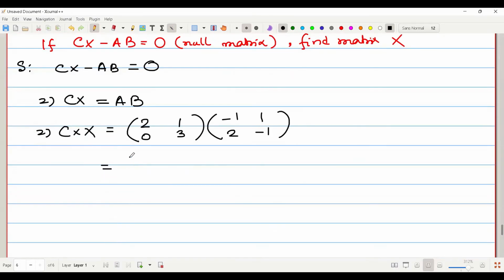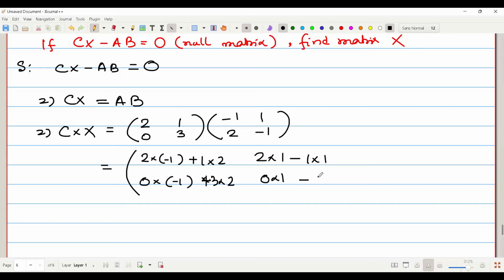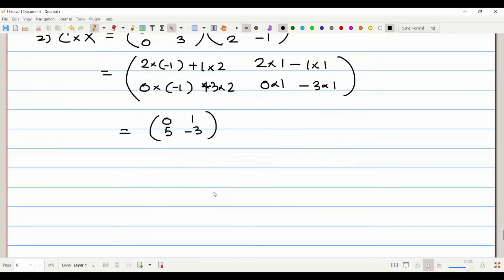Finding the matrix multiplication result: 2 cross minus 1 plus 1 cross 2, 2 cross 1 minus 1 cross 1, 0 cross minus 1 plus 3 cross 2, and 0 cross 1 minus 3 cross 1, or the result is [0, 1; 5, -3]. So that one is our CX.